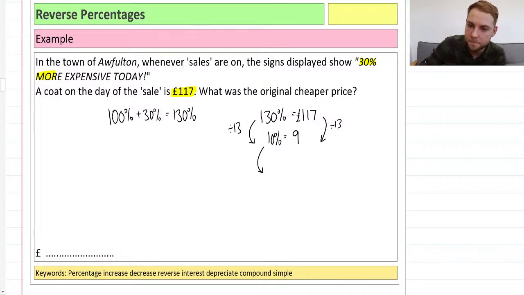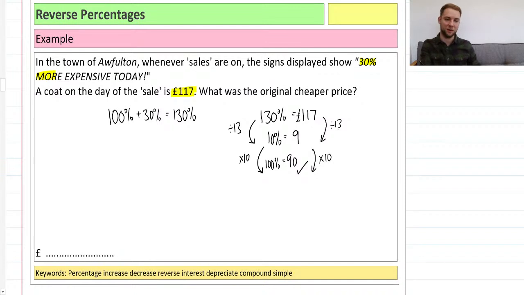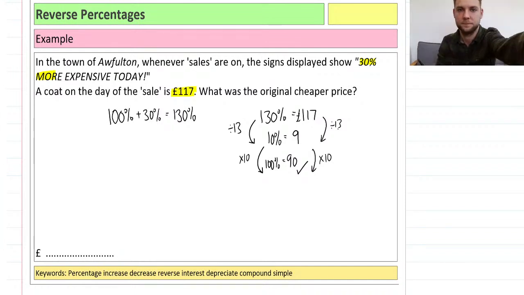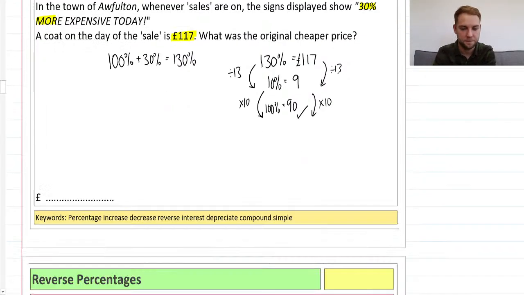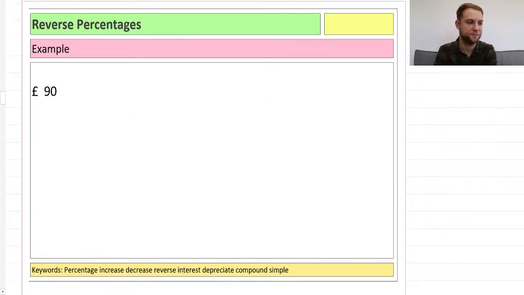Then, to find 100%, I need to times by 10. So 100% is equal to 90. Brilliant. Super. Little tricky, that one. I tried to trick you there.